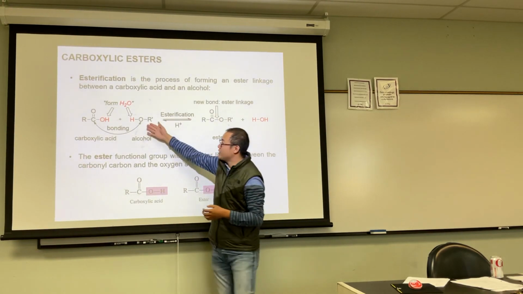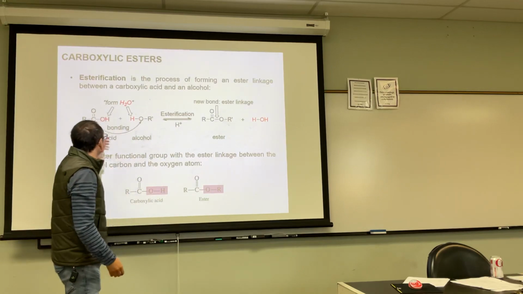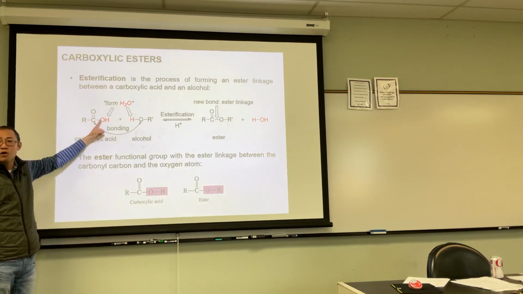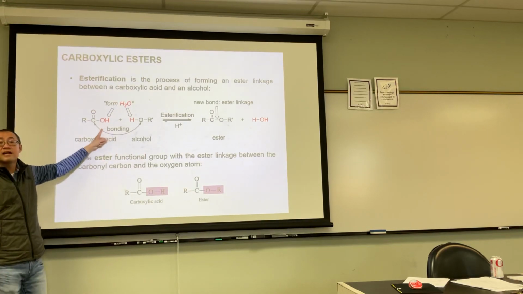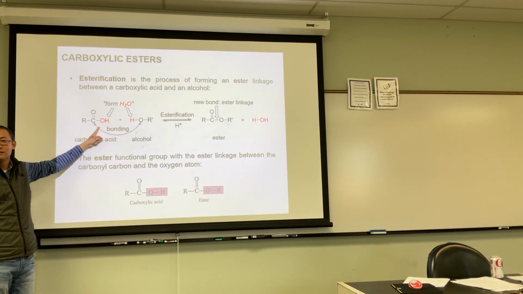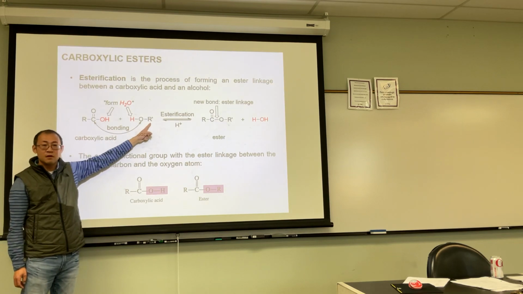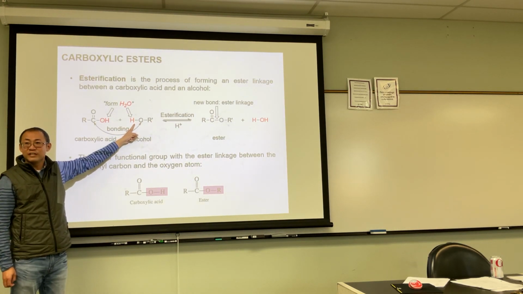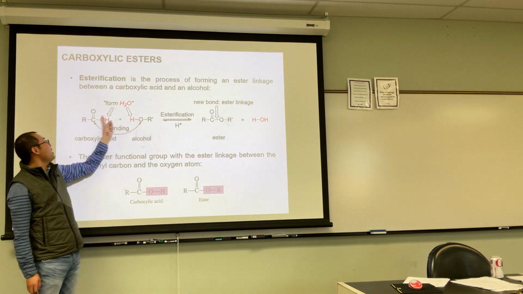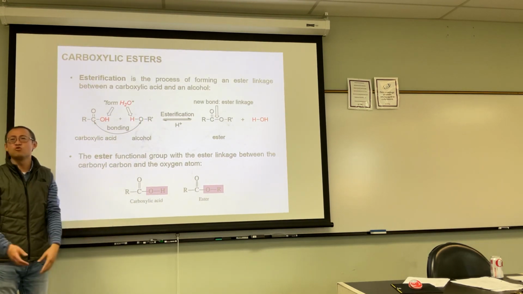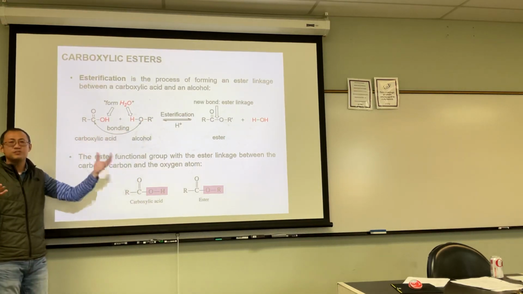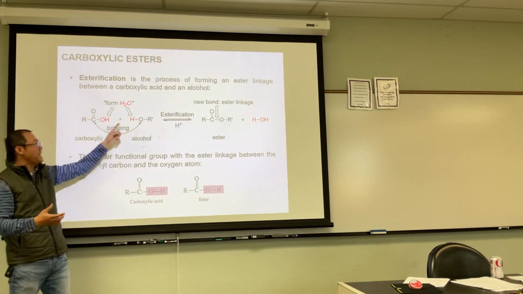This reaction here shows you two structures. The left, COOH, is a carboxylic acid. Is that right, guys? On the right, ROH is an alcohol. You guys see that? The R and R' are just any groups. They can be the same, they can be different. I put a prime here only to distinguish this is from the carboxylic acid, this is from the alcohol.